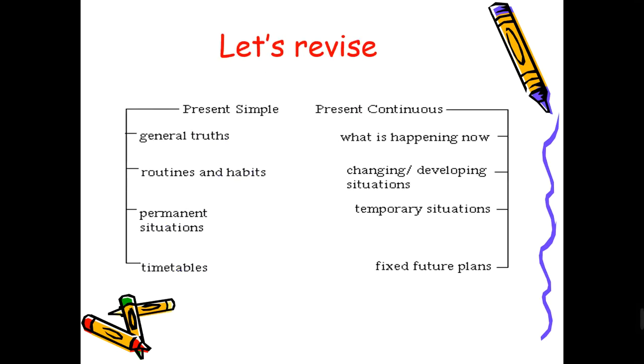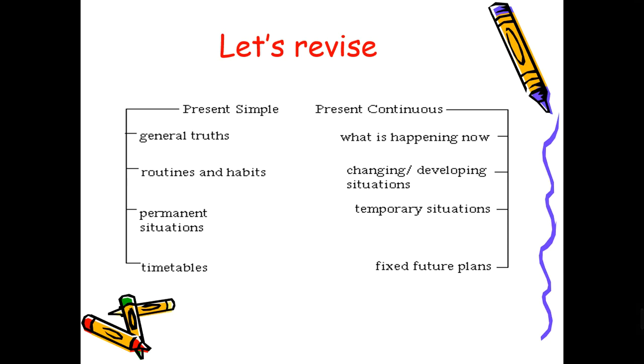Now, let's revise. Let's have a quick look at the usages of present simple versus the present continuous. For present simple, you use it to express general truths. For present continuous, to express what is happening now or at the moment. For present simple, you express routines and habits, things that are done all the time, repeatedly or regularly.